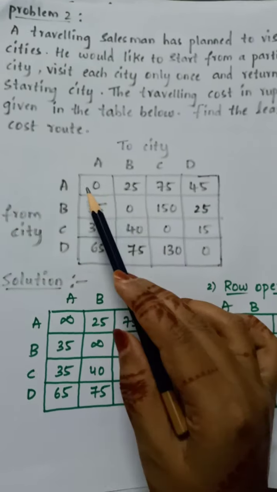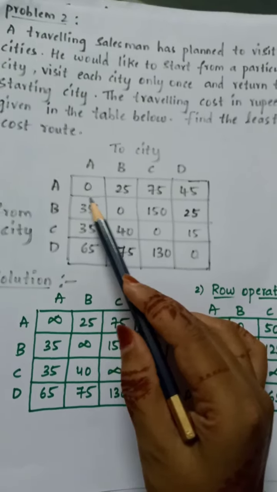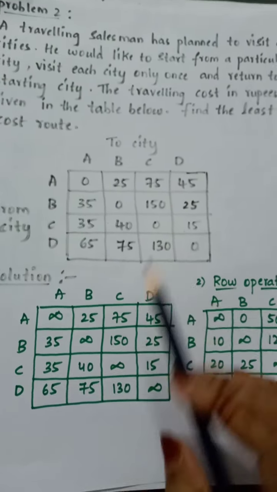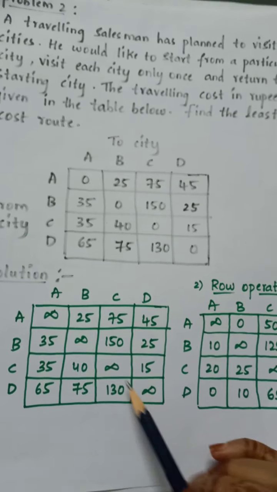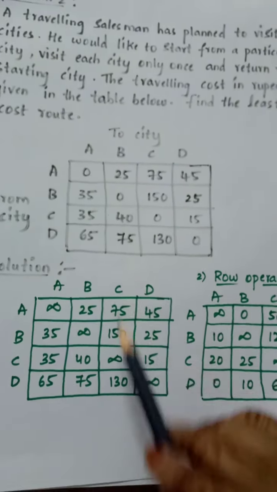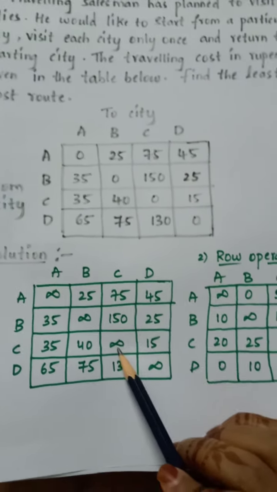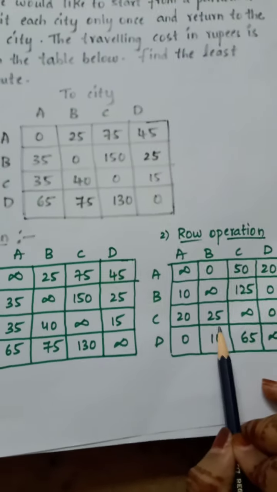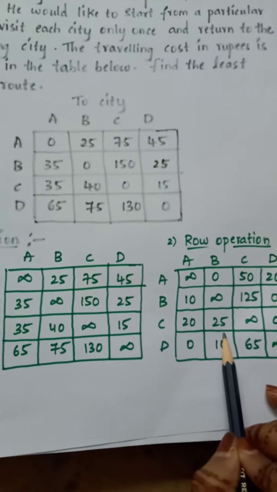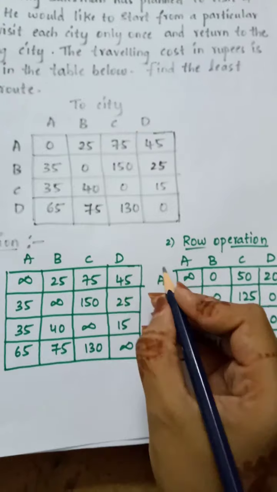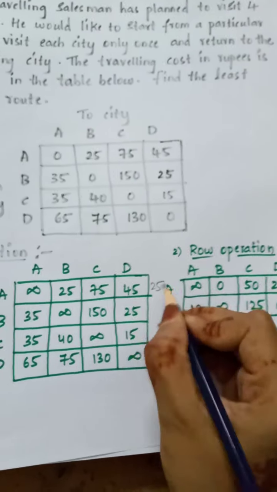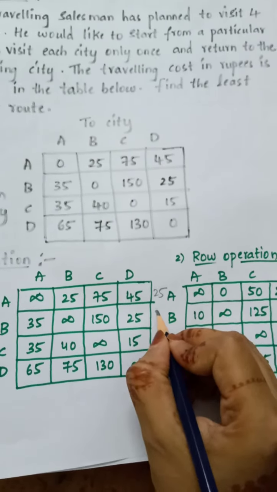Clear, students? So in the first step, I am giving the infinity values in the place of these 0 values. Clear? The diagonal cell represents the infinity value, same as I have written in the solution. Clear? And the next step, students, is to calculate the row operation. In the row operation, in the first row, the minimum value is 25. In the next row, the minimum value again is 25.